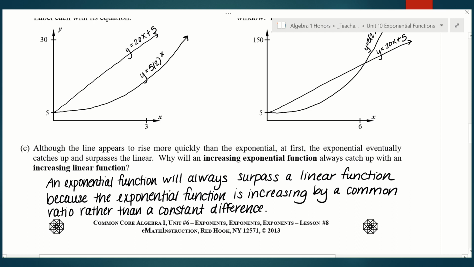Our arithmetic sequences were always some kind of a linear function, and a geometric sequence was always an exponential function. So when we talk about common ratio versus common difference, it goes right back to sequences. I'm hoping you can see the connection back to sequences, which is kind of cool.